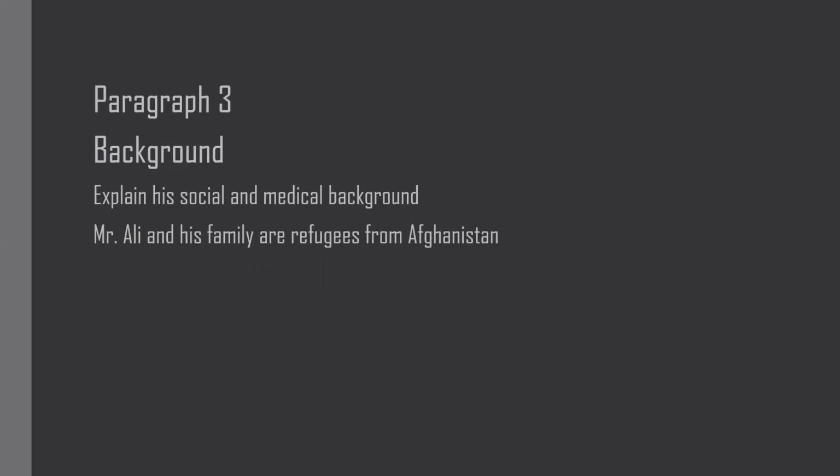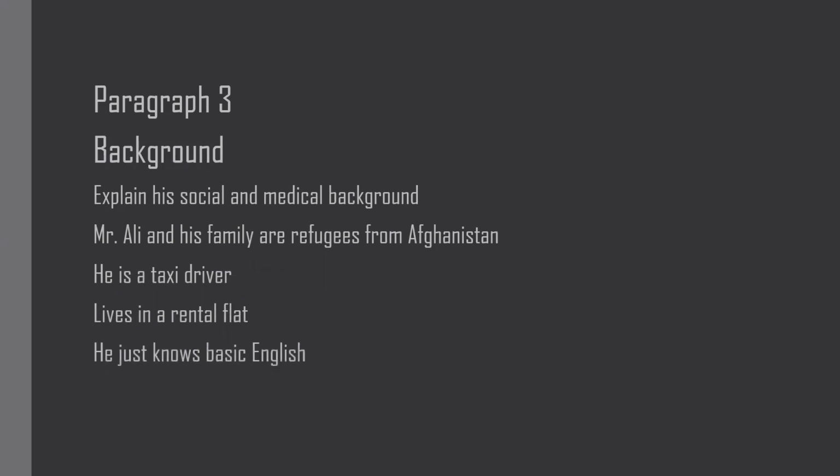I'm not giving the exact paragraph here, but the points you can rephrase, make sentences and write the paragraph here. Mr. Ali and his family are refugees from Afghanistan. At this point, you have to include that. He's a taxi driver. This also you have to include. Lives in a rental flat. He just knows basic English, not more than that.